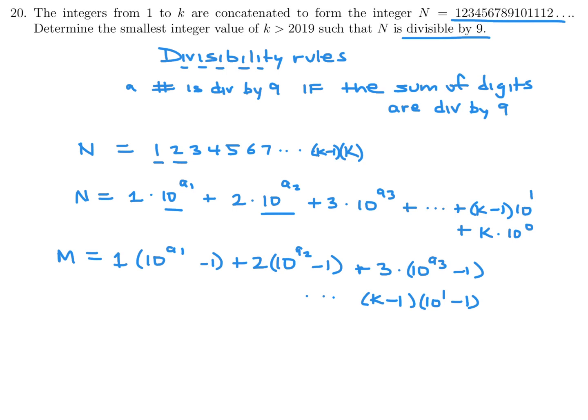So this looks to me like 10 to the power of something minus 1 will be a whole bunch of 9s, whatever the A1 is. If A1 is 5, if it's 20, whatever it is, it'll be a whole bunch of 9s.